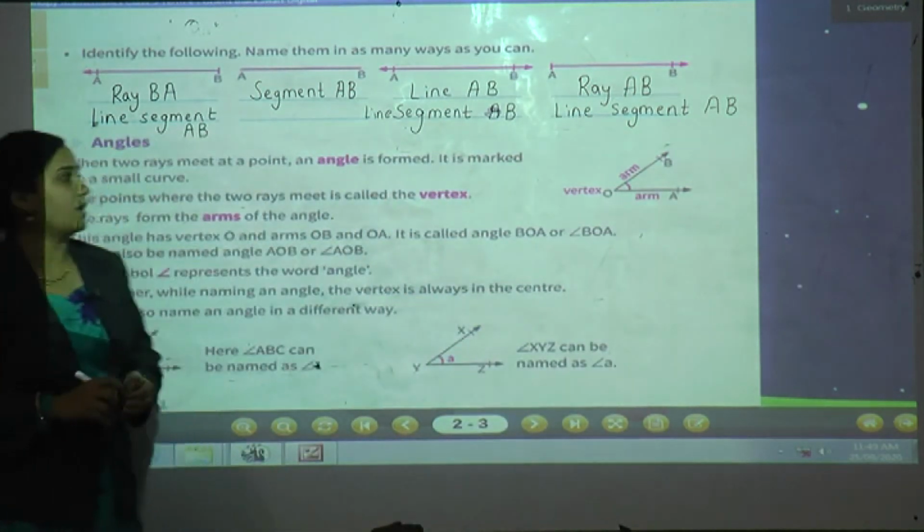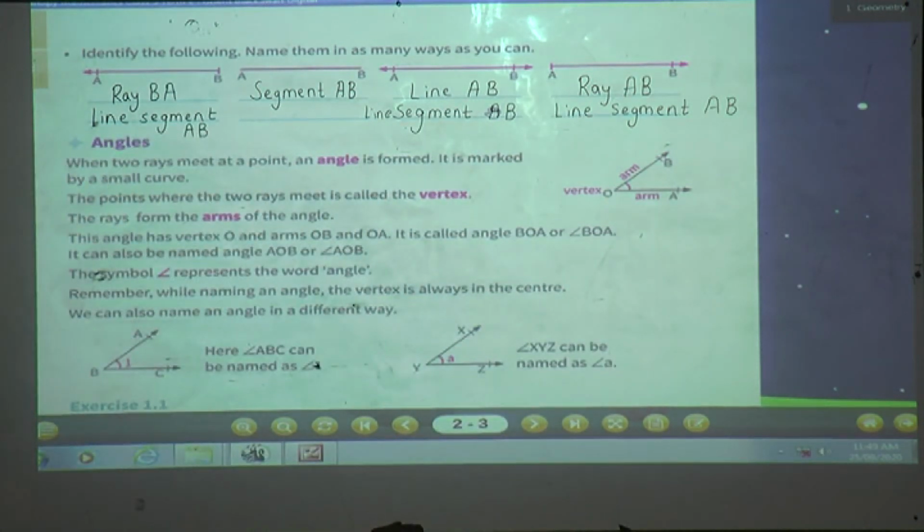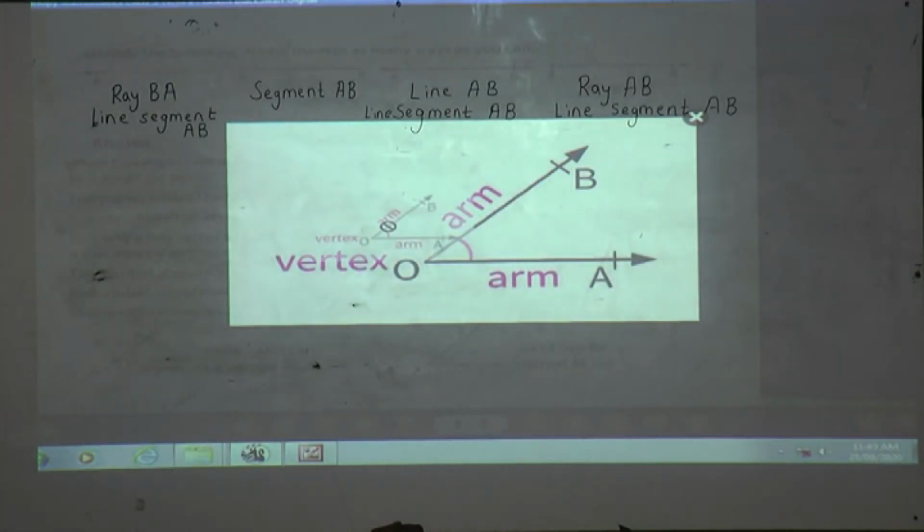Yes students. Now the next one is angles. See, on page number 3, angles. Here is one figure.